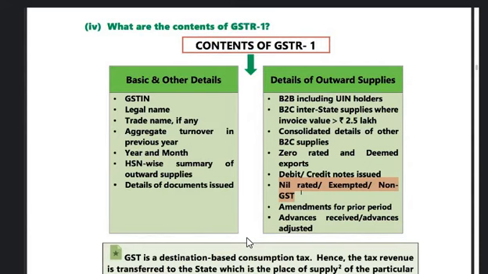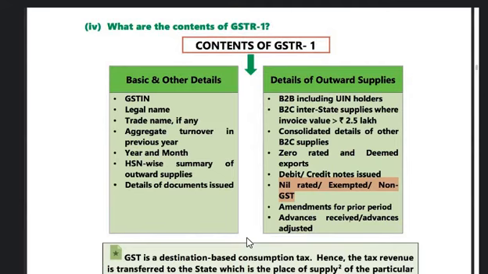Say in the previous month you made a mistake: the value in the invoice is correct, but while filing the GST return you provided the wrong value. Then if you want to make the change in the next month, you can amend the invoice. You cannot amend the return. So amendment of a previous period invoice is possible in GSTR1, but revision of the return is not possible.